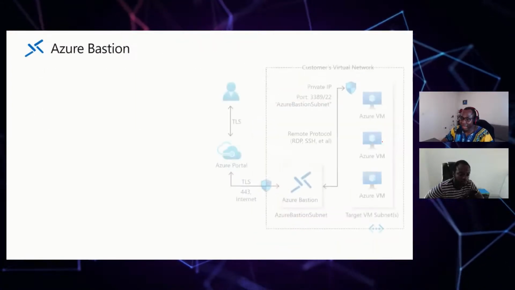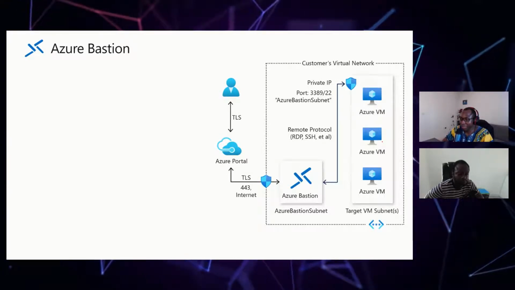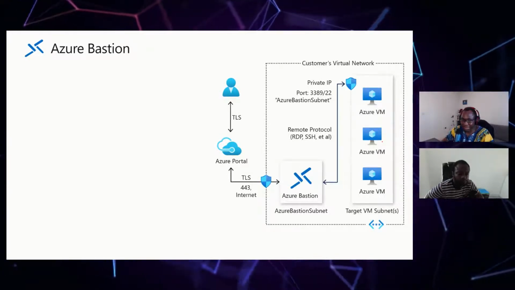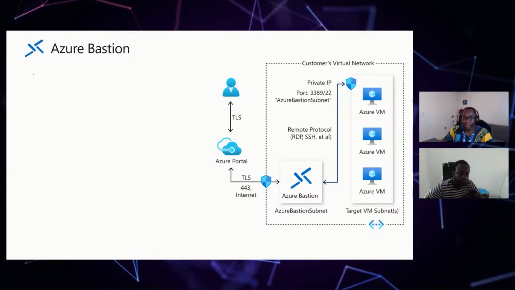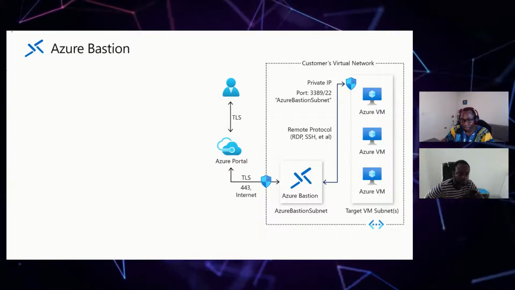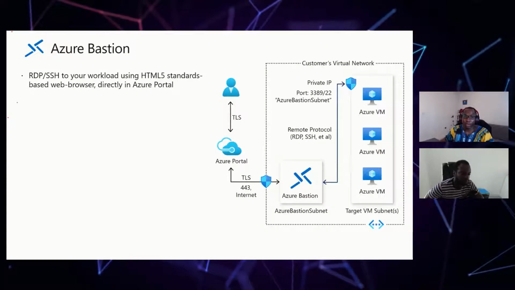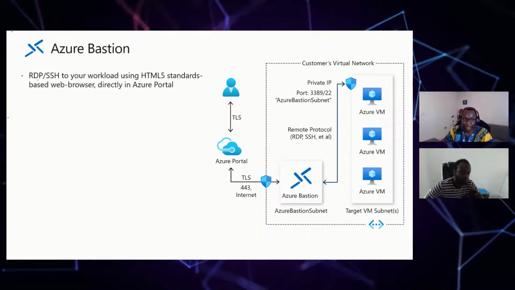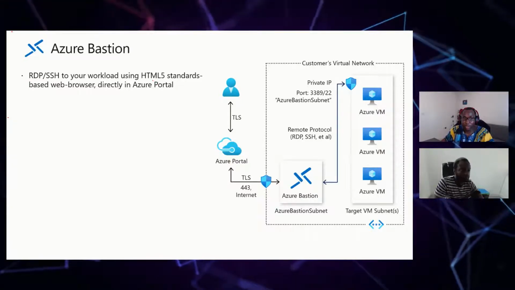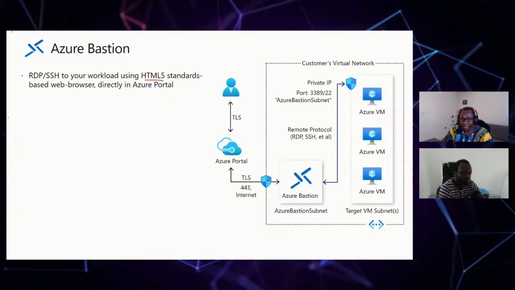That's where a service like Azure Bastion comes in. Azure Bastion allows us to implement secure management connectivity over HTTPS. Let's go through the key points very quickly. At the moment, it only supports RDP and SSH, but you can do RDP, secure RDP, and SSH to your workloads using HTML5 without having to expose any public IP addresses on your instances.